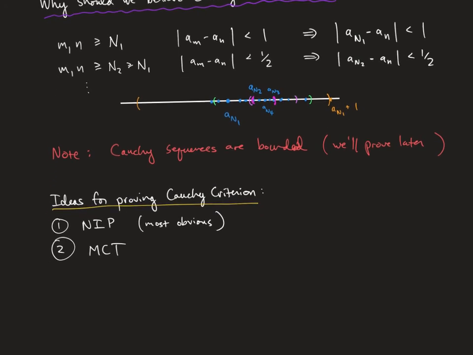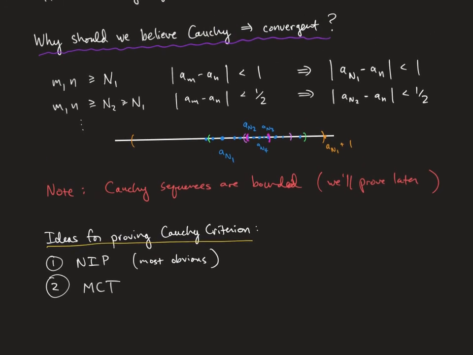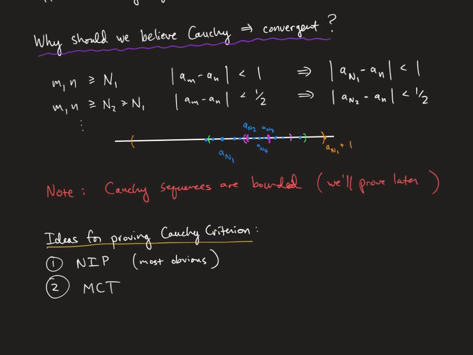And so for this, what would we need to make the monotone convergence theorem work? Well, your Cauchy sequence might not be a monotone sequence. Any convergent sequence is a Cauchy sequence. So for example, say (-1)^(n+1)/n.